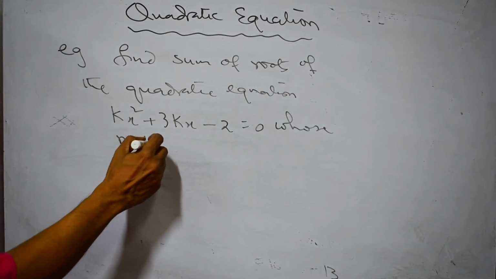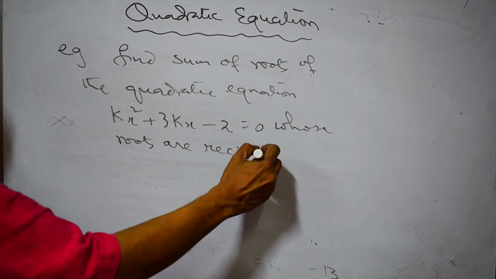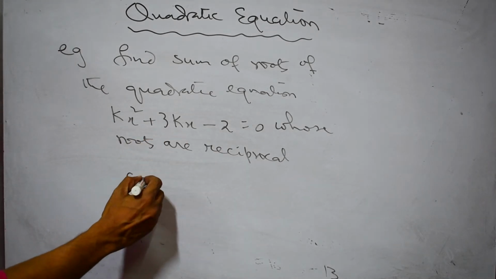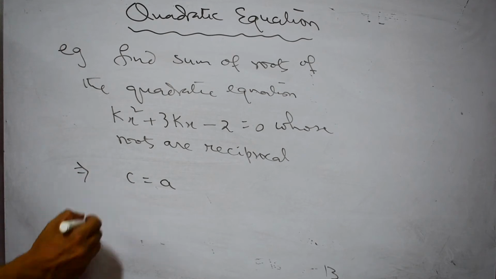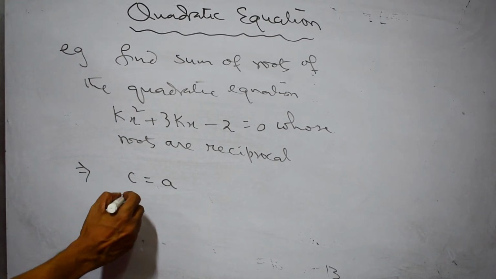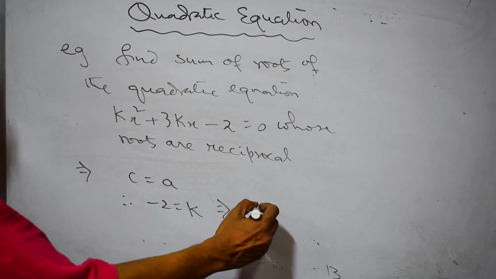It's a very good, common question. What we need to do is see the condition that c, which is minus 2, is equal to a, which is k. Therefore minus 2 must be k, that is k is equal to minus 2.